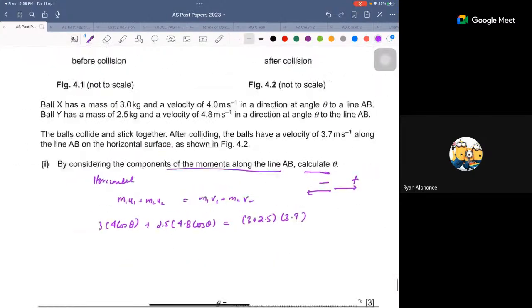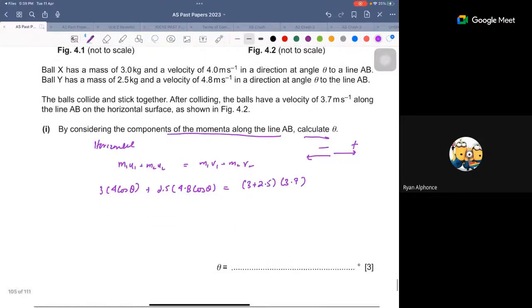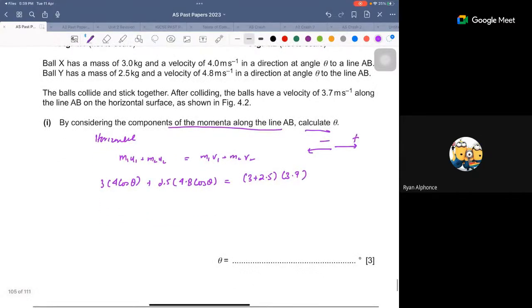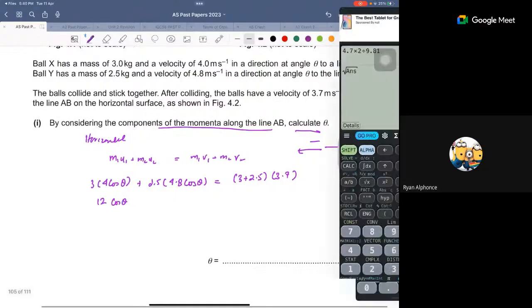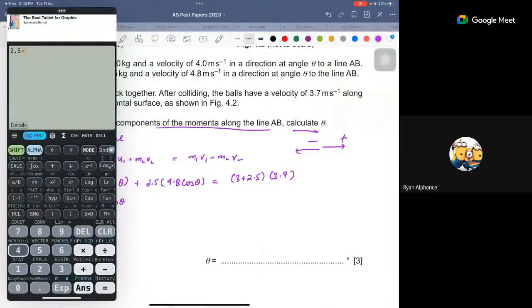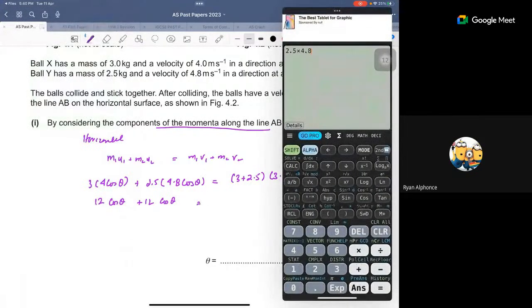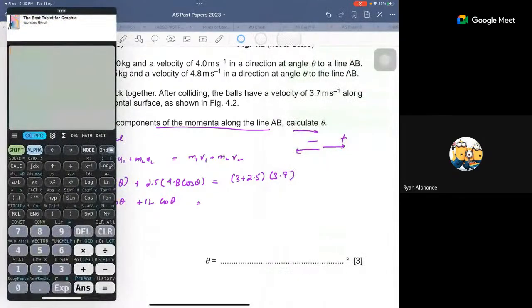Now you will be able to solve this. We got to basically find theta. Anyway, so 3 into 4 is 12 cosine theta. And 2.5 times 4.8 is also 12 cosine theta. Wow, this is cool. So then 3 plus 2.5 times 3.7, so that's 20.35, right?